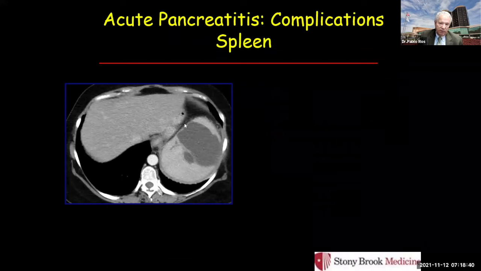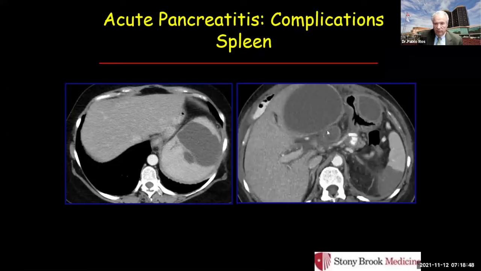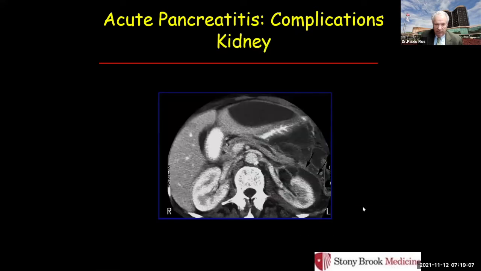Examples here of pseudocyst, or not pseudocyst, peripancreatic phlegmon involving the spleen, or here involving the liver, the wall of the greater curvature of the stomach, and in here a nice example, the porta hepatis. A nice example of a splenic infarct secondary to obstruction of the splenic artery that courses through here inside the area of pancreatitis.